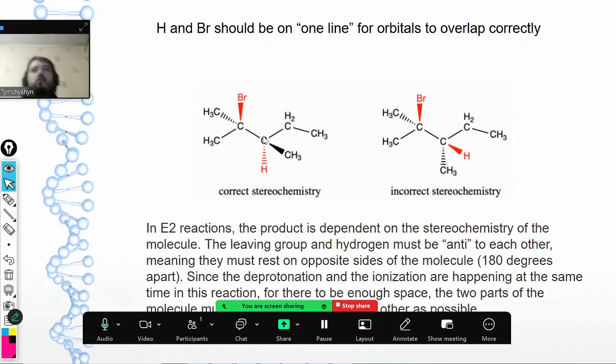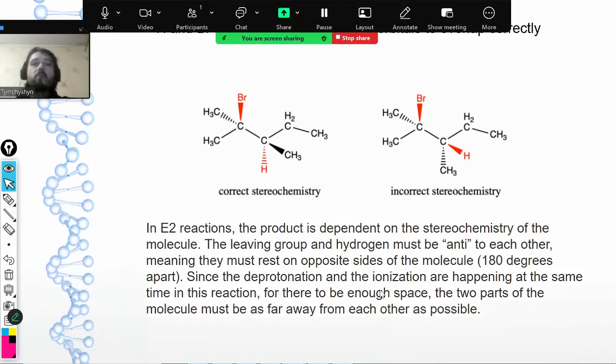For this reaction, we should have correctly overlapping orbitals. In the case of the E1 reaction, we just have a leaving group that leaves, and that's it. Here we should collide two molecules, and collide them properly. These orbitals should be basically on one line. So here is an example of the correct stereochemistry and incorrect stereochemistry.